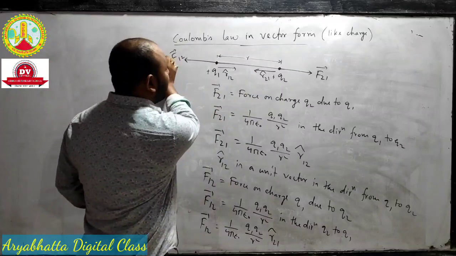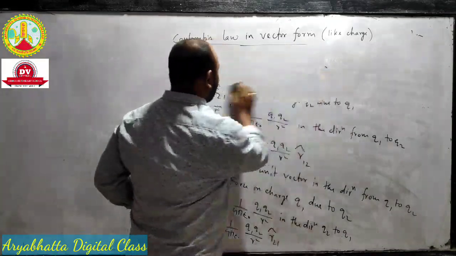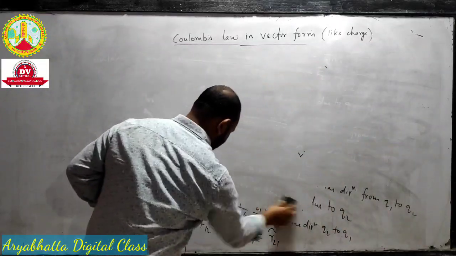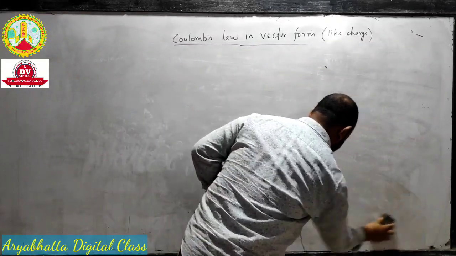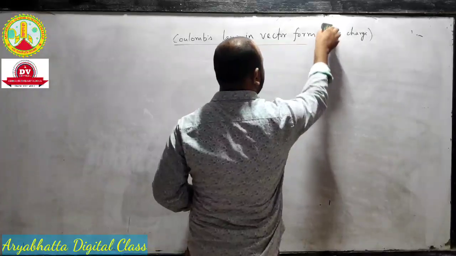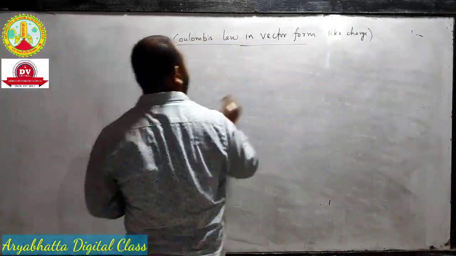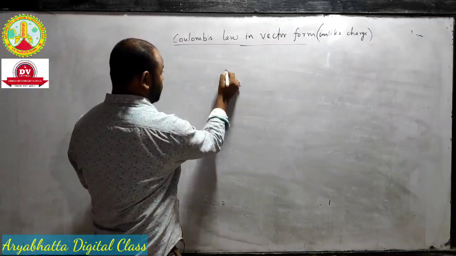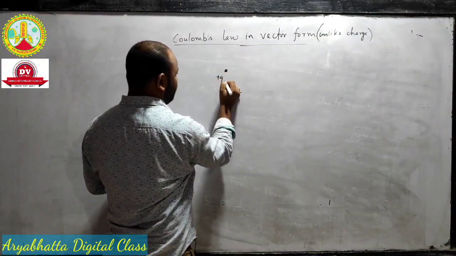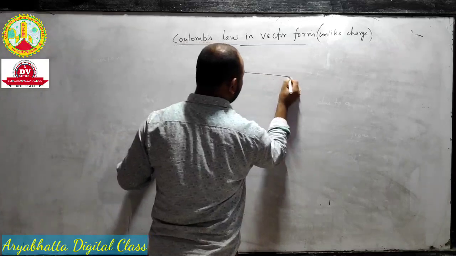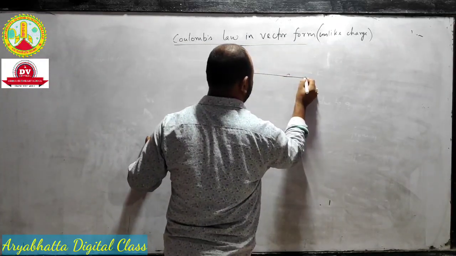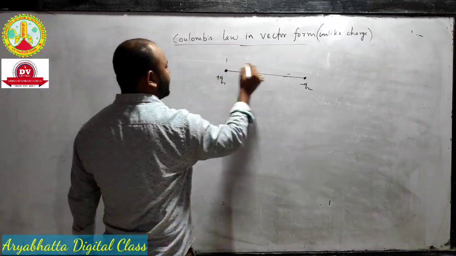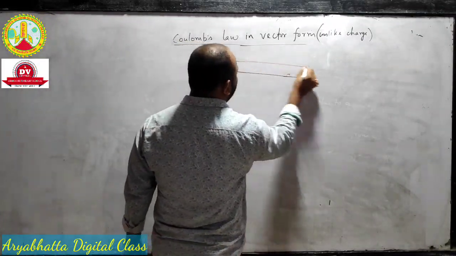Now see, for unlike charges, what happens? Suppose Q1 is positive and Q2 is negative. They are separated by a distance r.